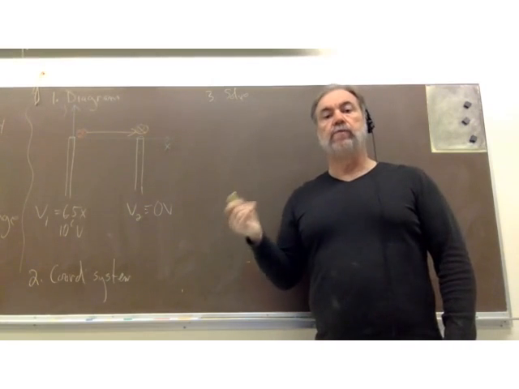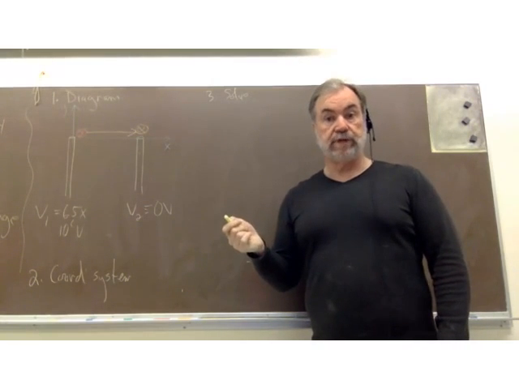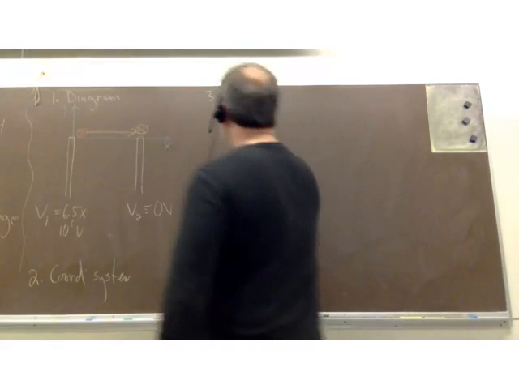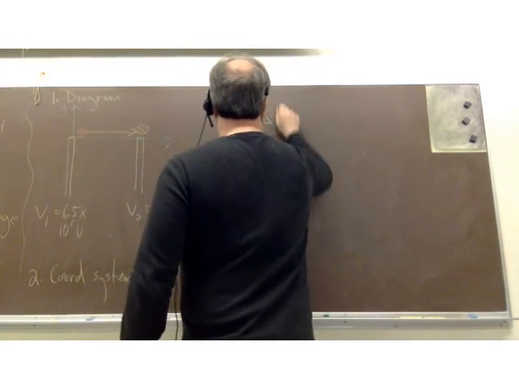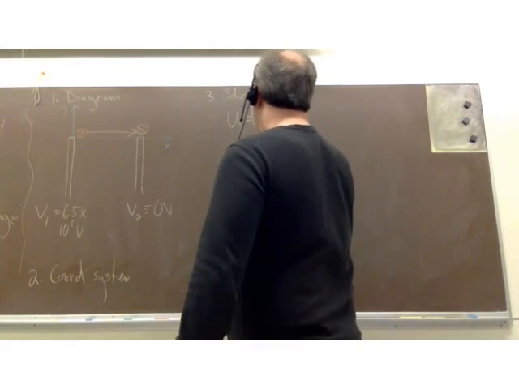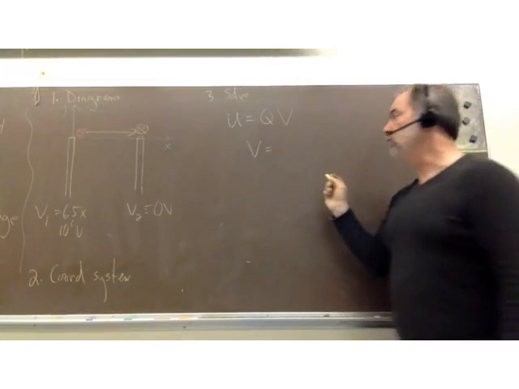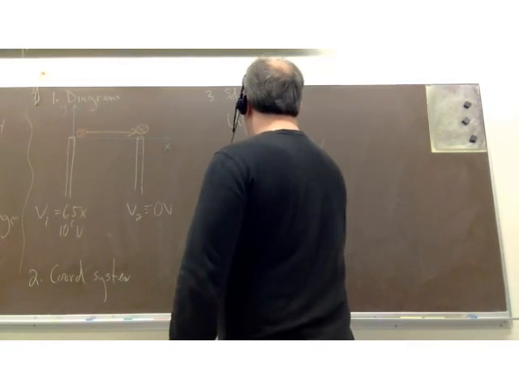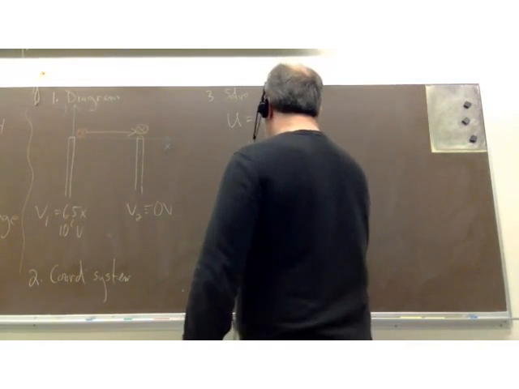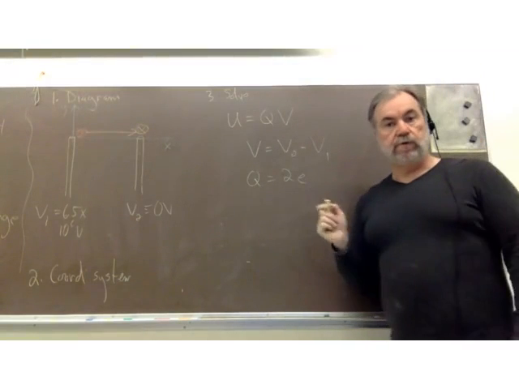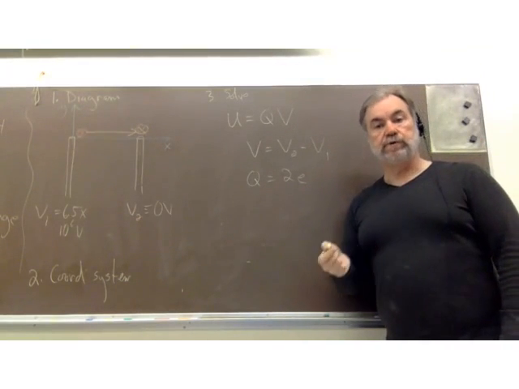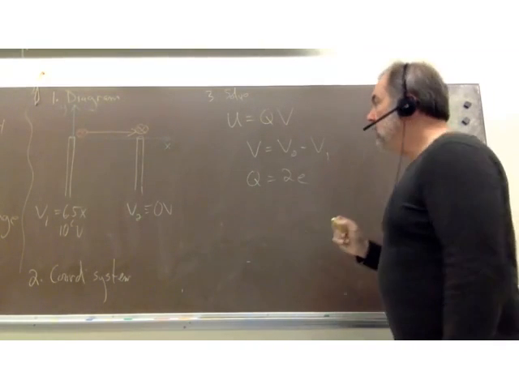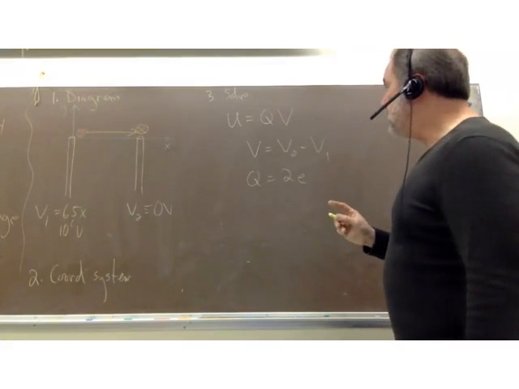We know the relationship between the electric potential energy of a test charge and the electric potential created by the source charges, and that is U equals Q times V. Here, V is the potential difference between the starting and ending points, V2 minus V1. And Q, we know, is going to be 2 times e. Remember that each proton carries a charge of e, 1.602 times 10 to the minus 19 Coulomb. The neutrons have nothing to do with the problem. So that's pretty easy. That's about it.